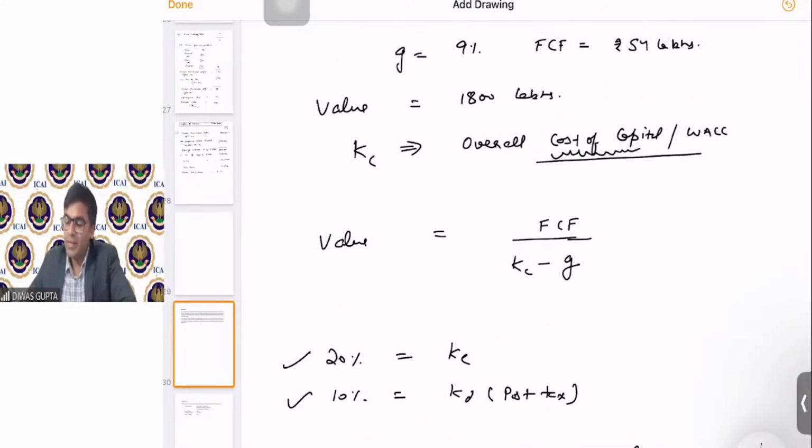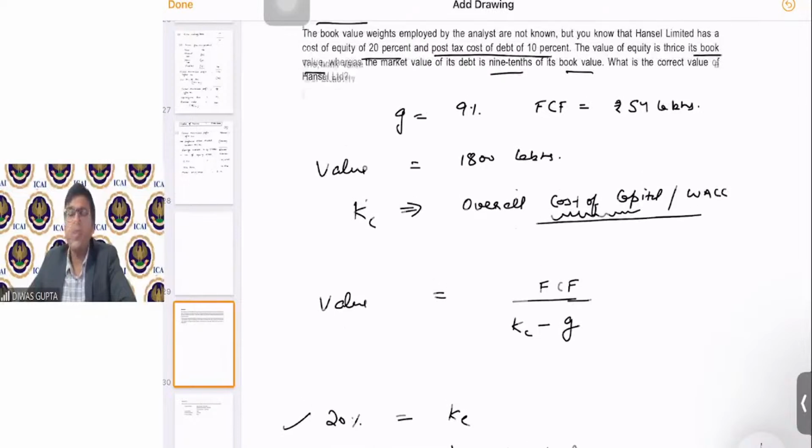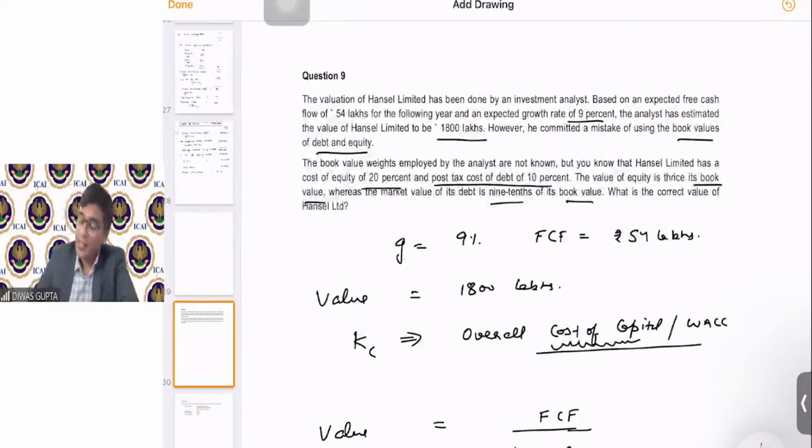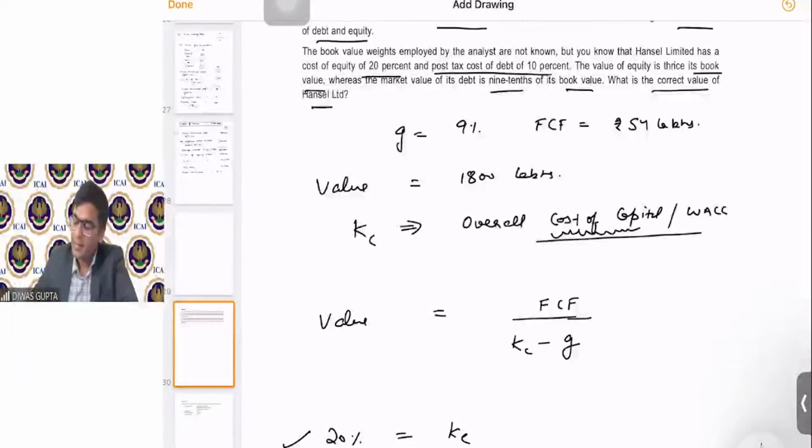This is a bit tricky question, and hence we have to be really careful while solving it. Now they are asking what is the correct value of Hansel Limited.